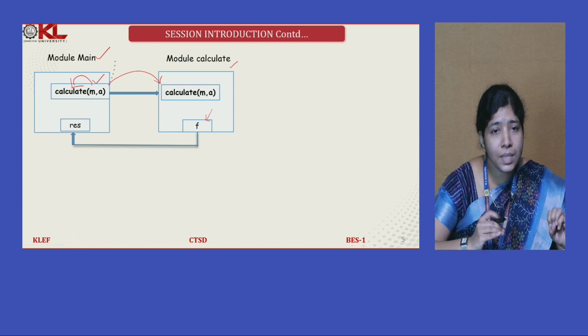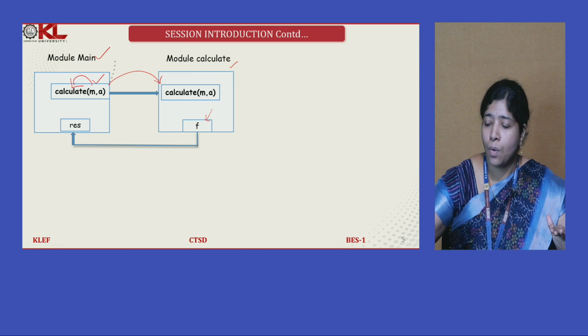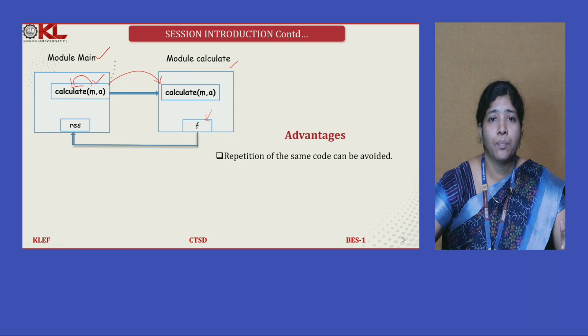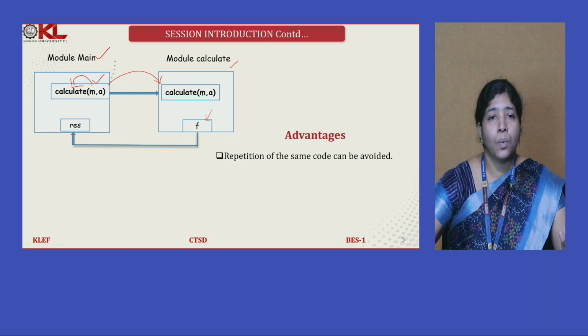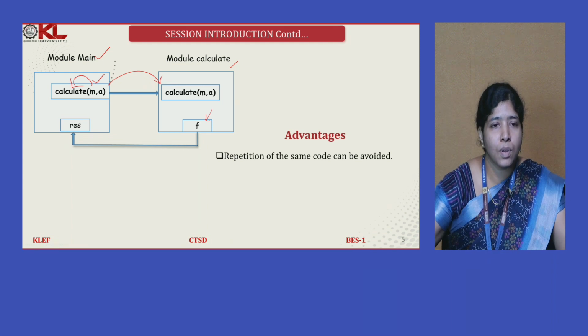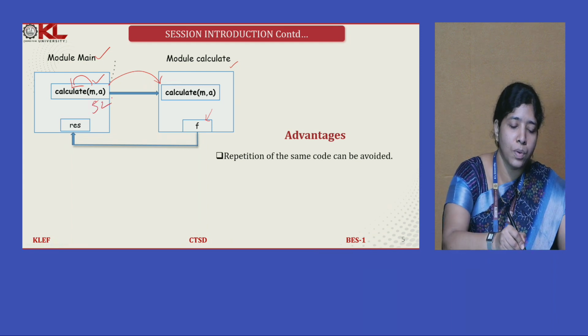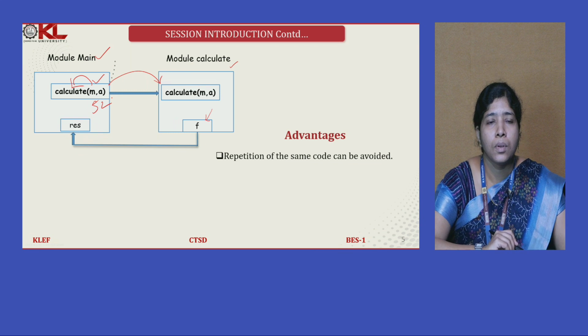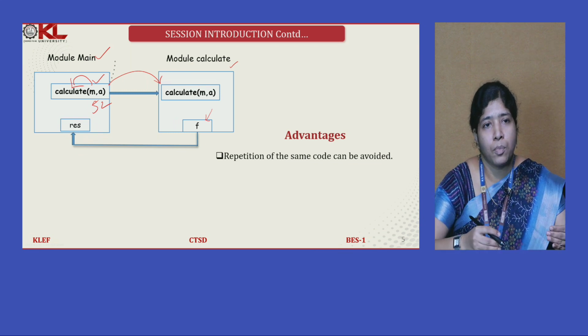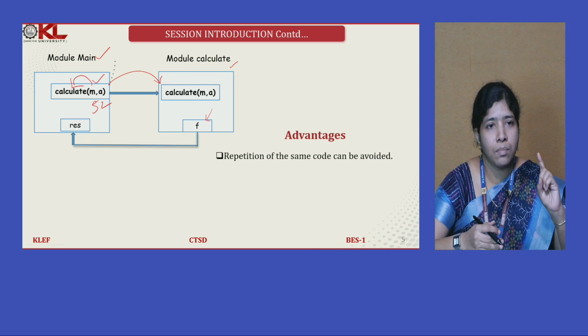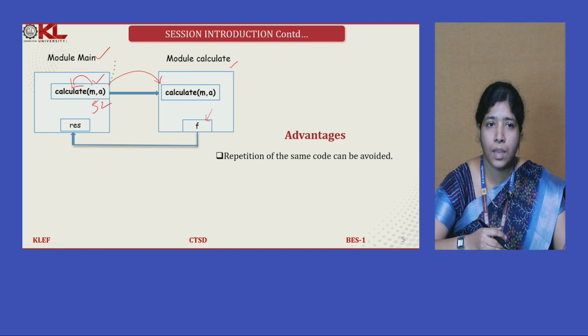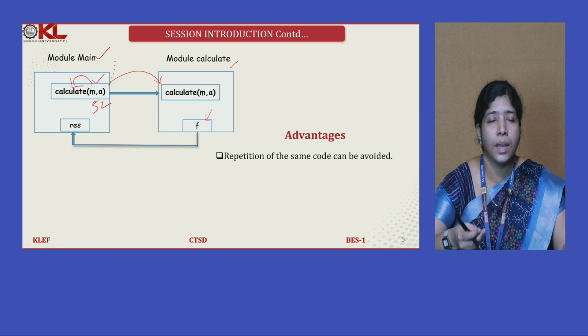By doing it in this modularization way, this function way, one advantage is that the repetition of the code can be avoided. Suppose I want to calculate 5 into 2. In the main program I can write the process part one time. If I want 4 and 10, again I will be writing 4 into 10.